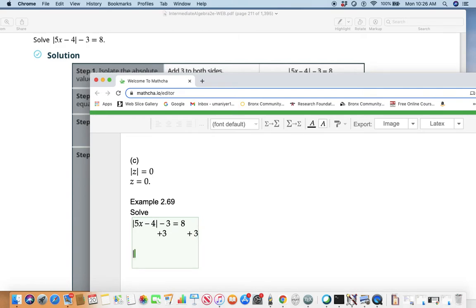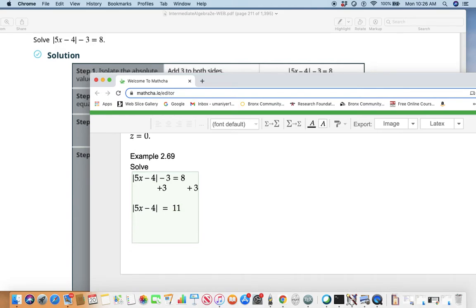So I have the absolute value of 5x minus 4, with the minus 3 and plus 3 going away, equals 11. Notice the absolute value is a positive number, so this is valid. It's okay to continue.